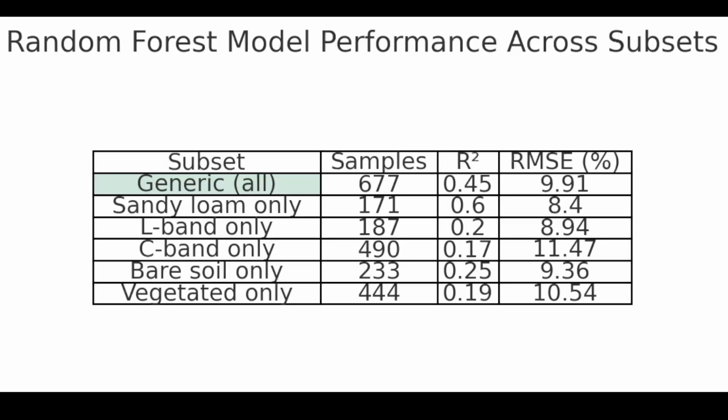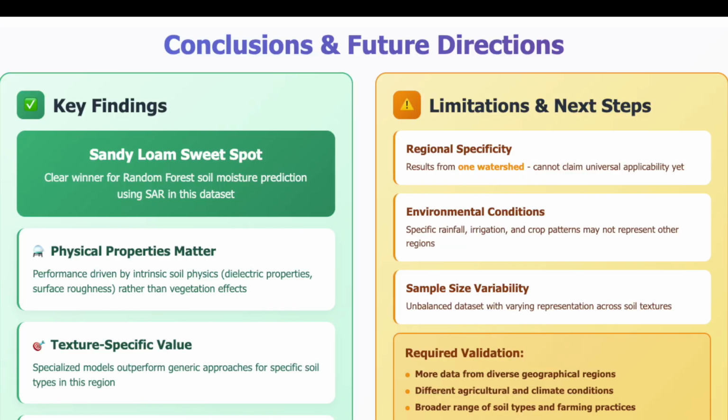What we see from this table is that for this data set and for this region, Berambadi, sandy loam is a very sweet spot for the random forest soil moisture prediction using the satellite backscatter. We need more data from more places before we can say that this is a universal fact.